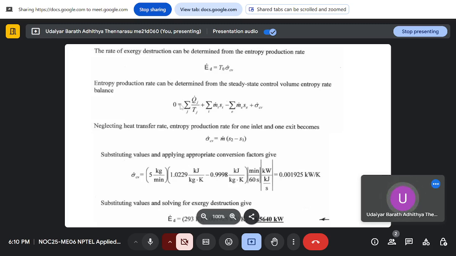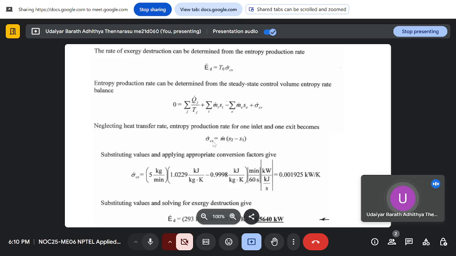So 0 equals the summation of q by T, plus the entropy coming in with the inlet stream, minus the entropy going out with the exit stream, plus the entropy generated. Since it is an insulated compressor, there is no heat interaction between the compressor and the surroundings, so Q is 0 here.